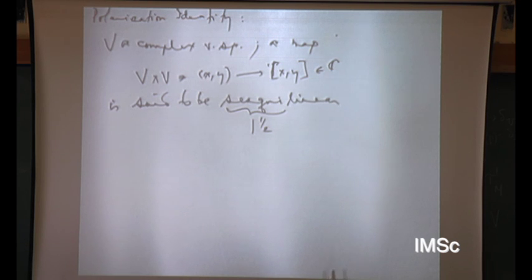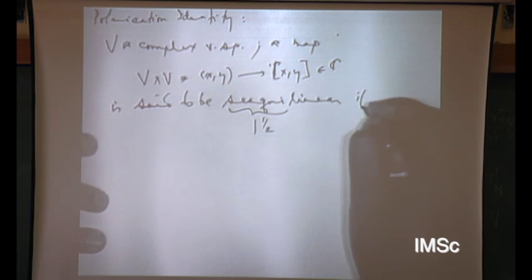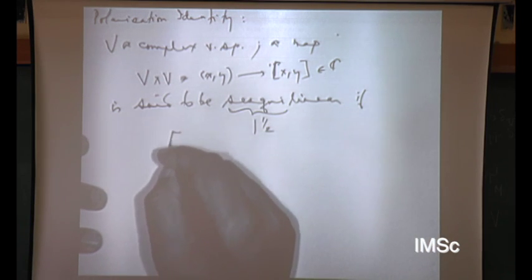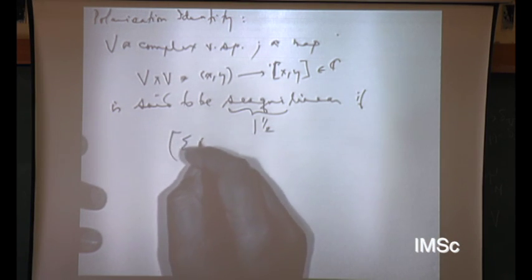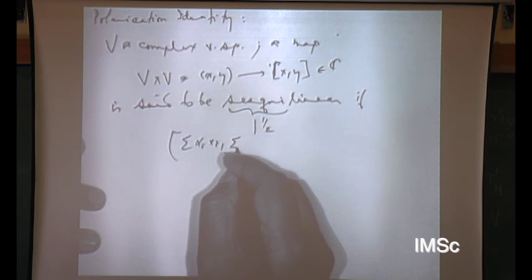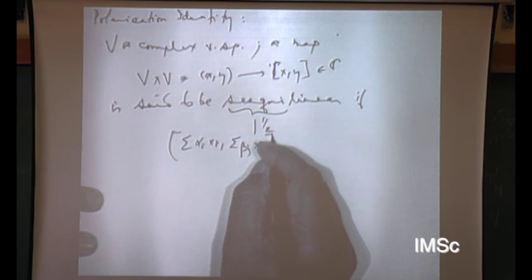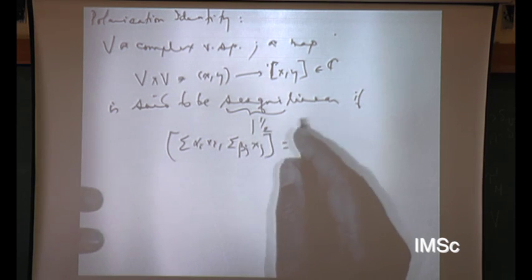That means if you fix one variable, so okay, let me put it this way: summation alpha_i x_i, summation beta_j x_j.